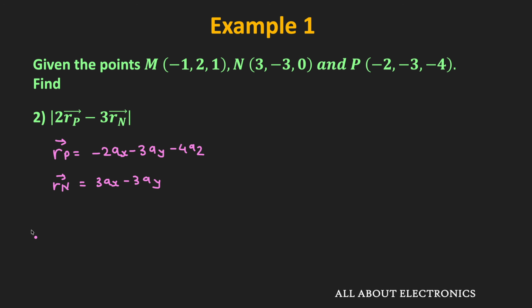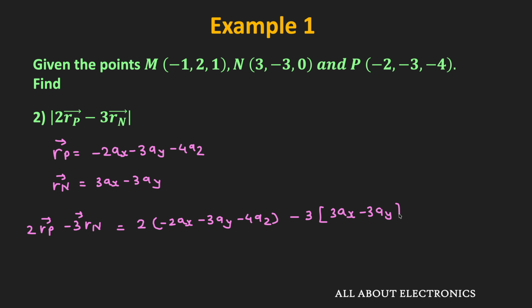That means 2rp minus 3rn is equal to 2 times minus 2ax minus 3ay minus 4az, minus 3 times 3ax minus 3ay.